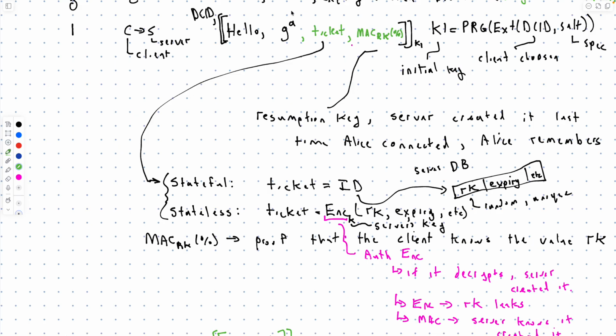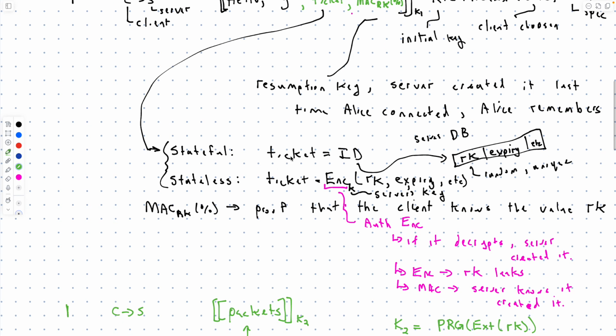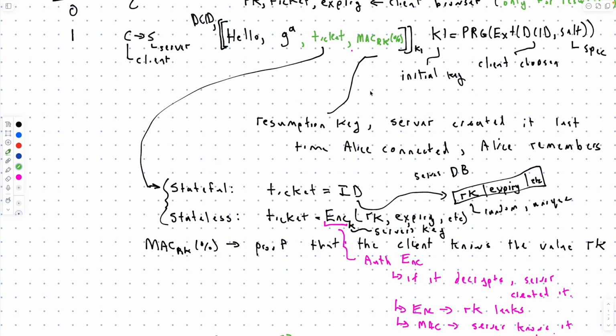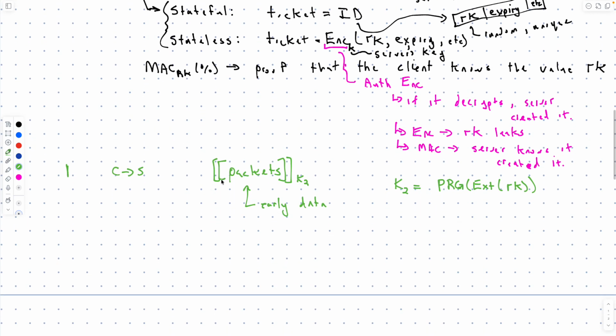And if I replay it, the server will just go and say, okay, I see this RK, or in the stateless case, it will say, decrypting this ticket, and it is that RK. I'm going to check the RK that I get out against the MAC, and everything is okay. And then I can even replay these packets, because they're going to be encrypted under the same key itself. So there's no replay protection against this.